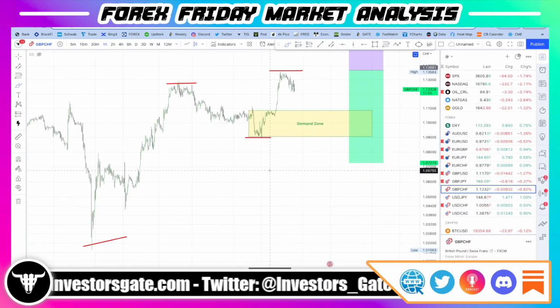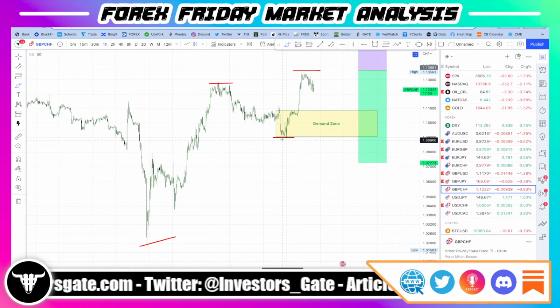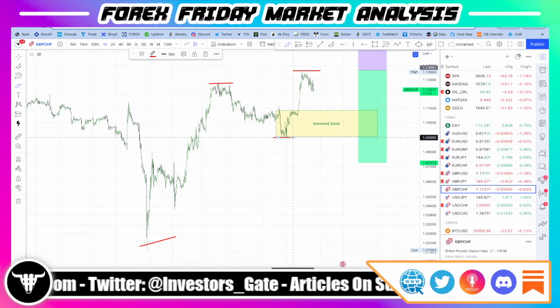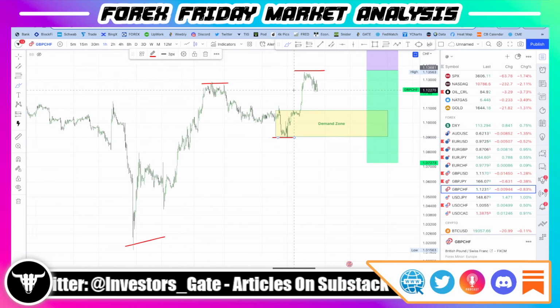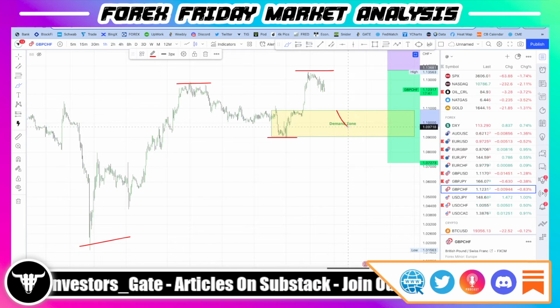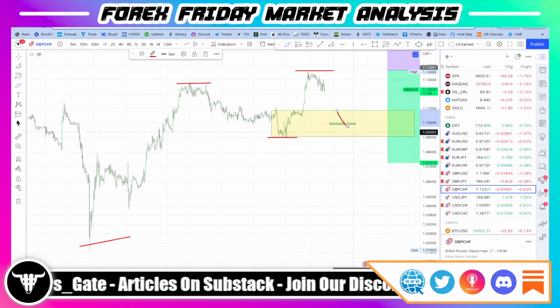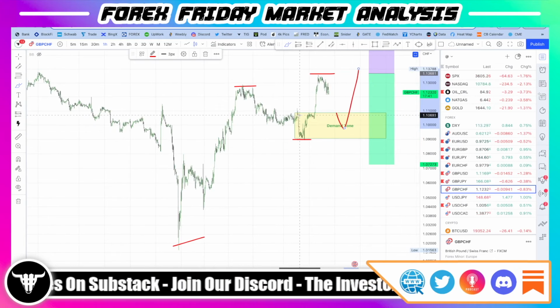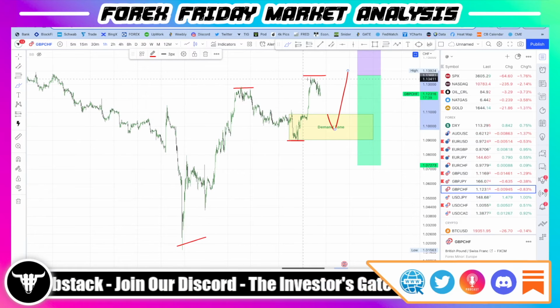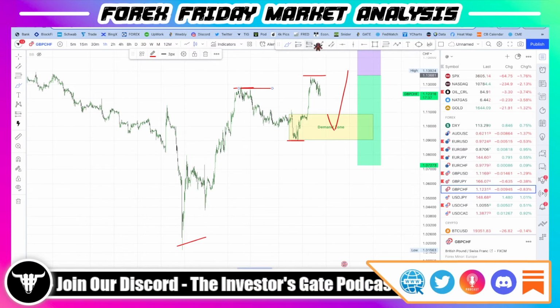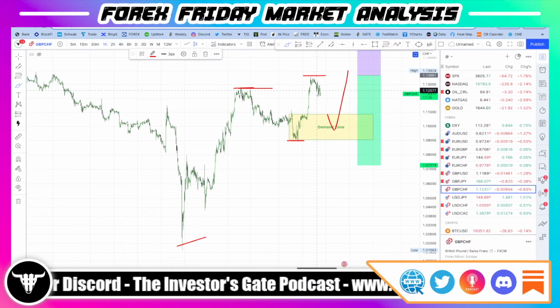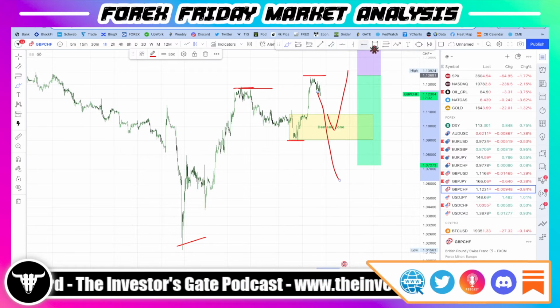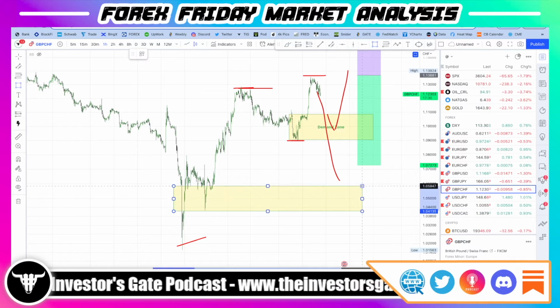That's definitely possible. I don't like how high this low is. Definitely possible that this does act at the low, and we just bounce from here to make a new higher high. But I wouldn't be surprised, especially because this high wasn't that much higher than this one, if we retrace down into this area right here.